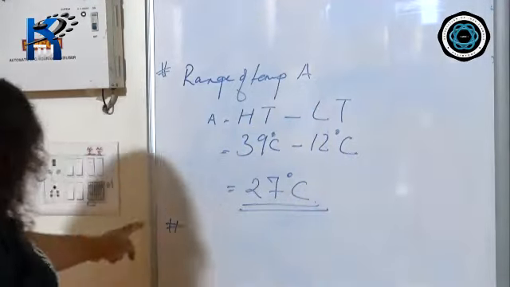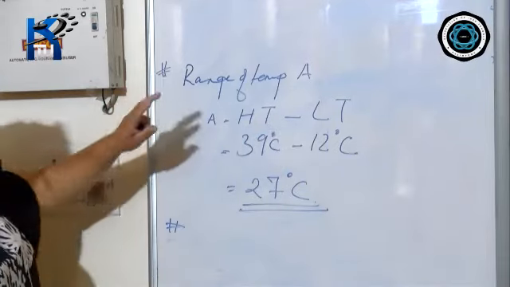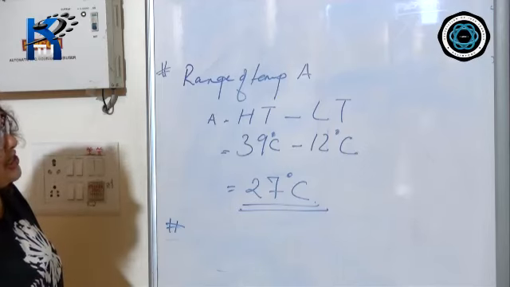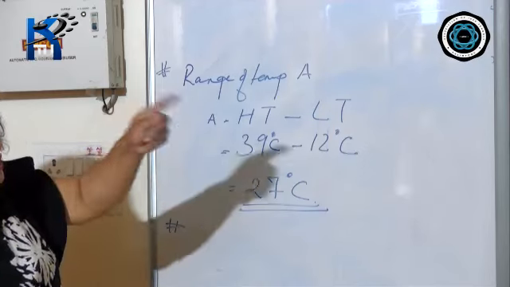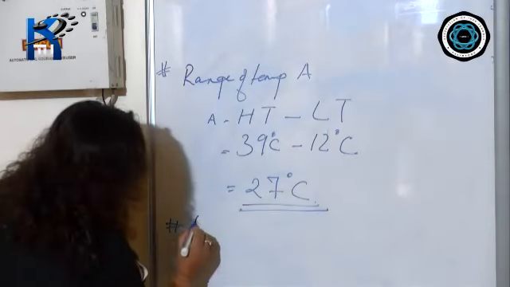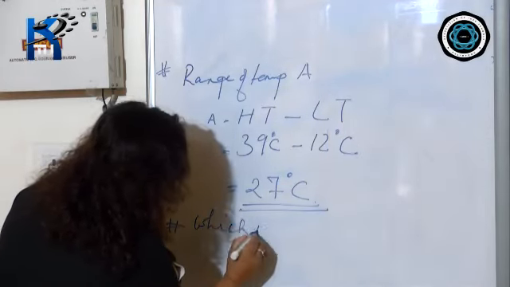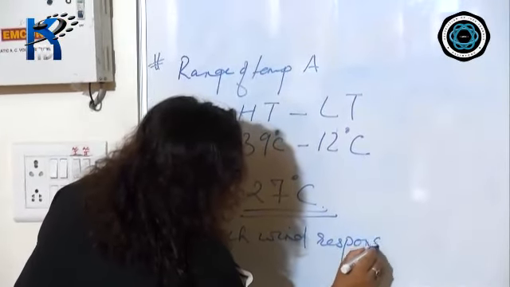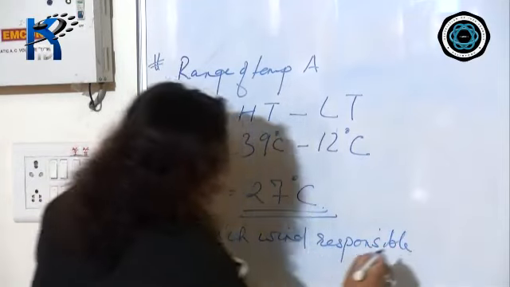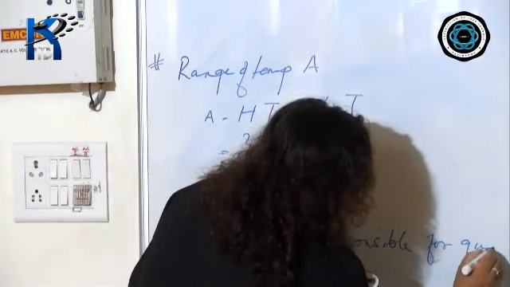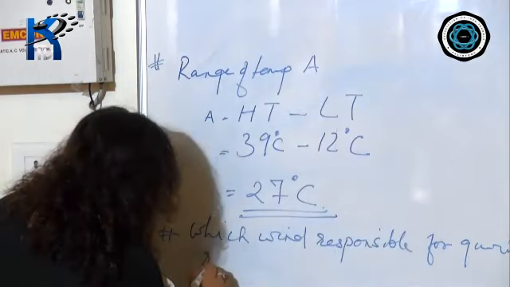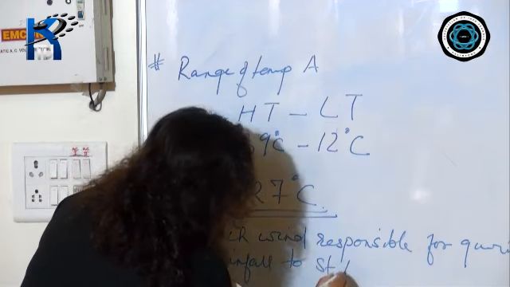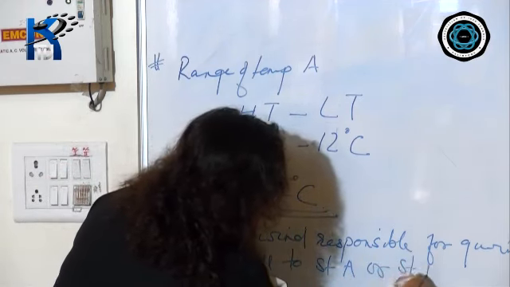Another important question along with the range of temperature that they might ask you is which wind is responsible for giving rainfall to station A or station B.